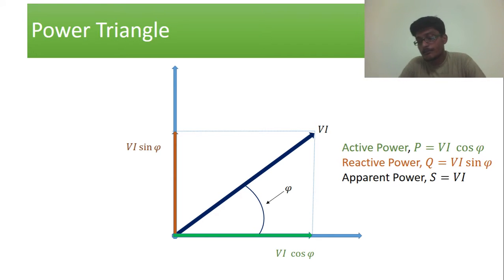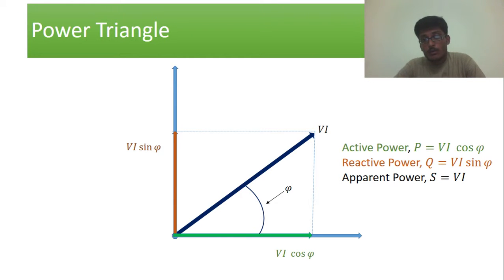See here, for a constant voltage, suppose we are having a constant voltage source, fine, and you have a load which is demanding P amount of active power.